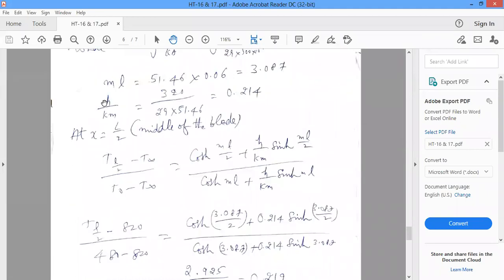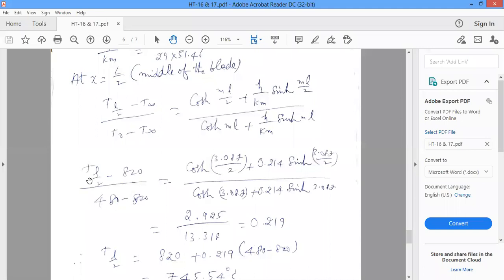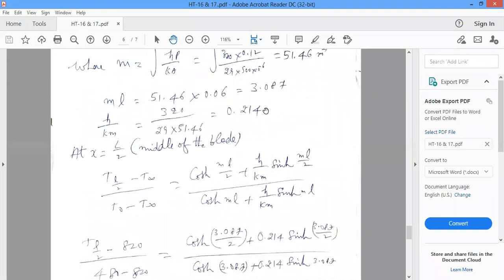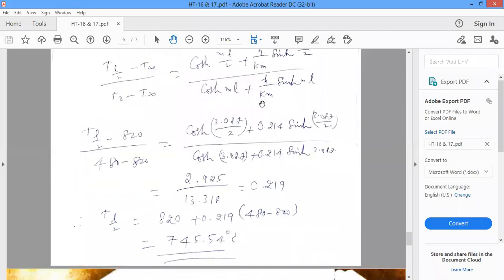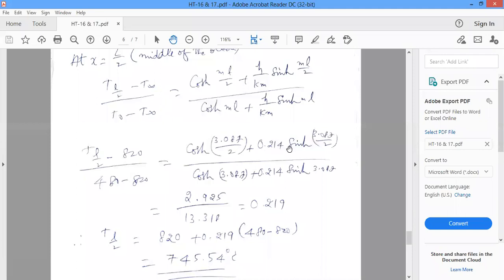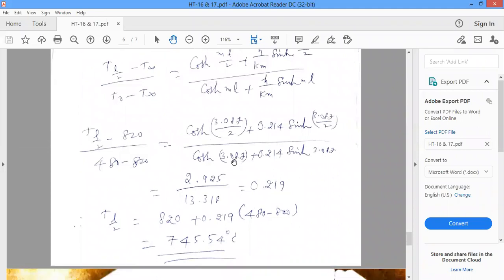So temperature at the middle of the blade, that is at x is equal to L by 2: T L by 2 minus T free stream 820, divided by T naught 480 minus T free stream 820, is equal to cosh of ml value 3.087 divided by 2 plus h by km value 0.214 into sinh of 3.087 divided by 2, by the whole, divided by cosh of ml value 3.087 plus h by km value 0.214 into sinh of ml value 3.087.